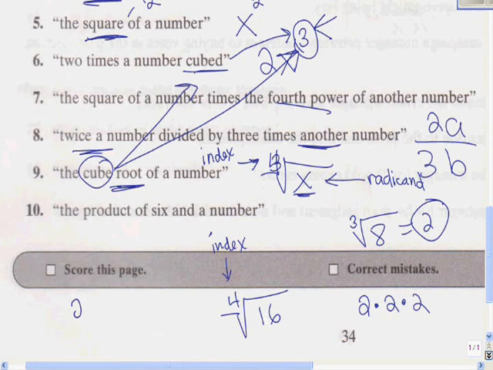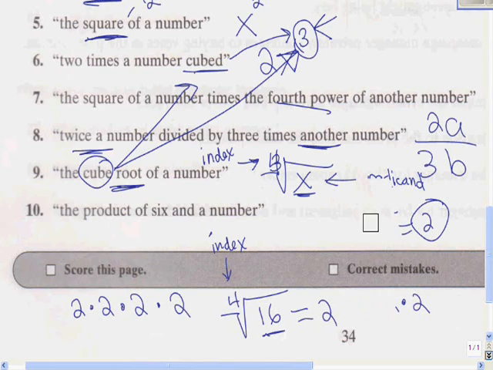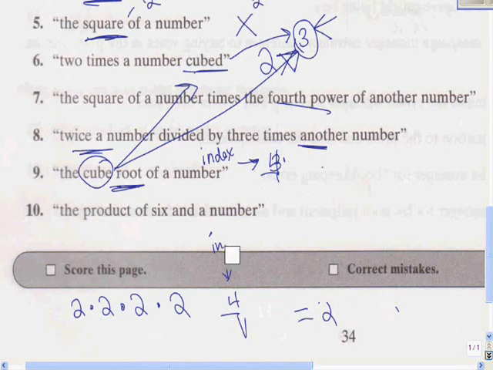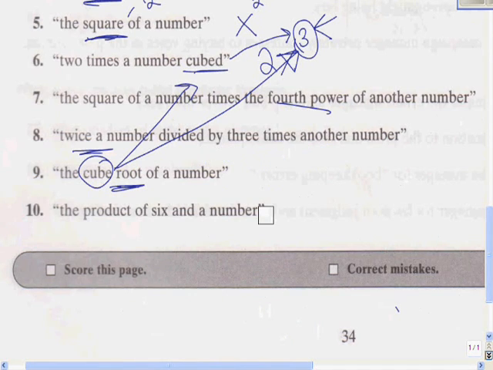I believe it's 2. 2 times 2 is 4, times 2 is 8, times 2 is 16. So the answer here would be 2, because 2 times 2 times 2 times 2 equals 16. Got it? I hope so. We'll look at that in more detail later on. It's not time yet for you to completely understand that.